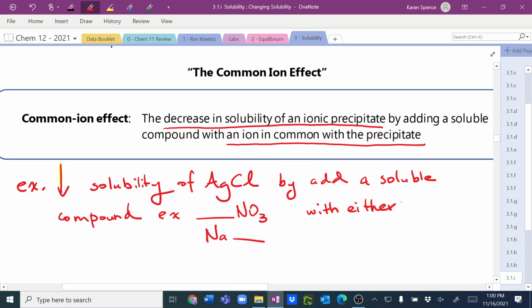Well, what are the ions in the precipitate? They are Ag plus and Cl minus. So I could add AgNO3 and that would decrease the solubility of silver chloride because we have silver in common between silver nitrate and silver chloride.